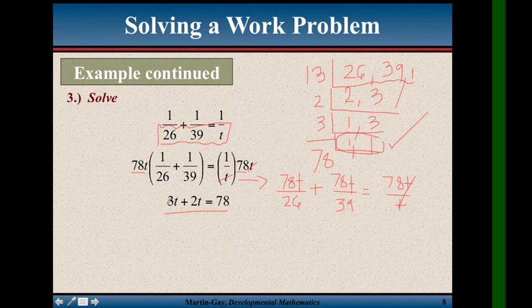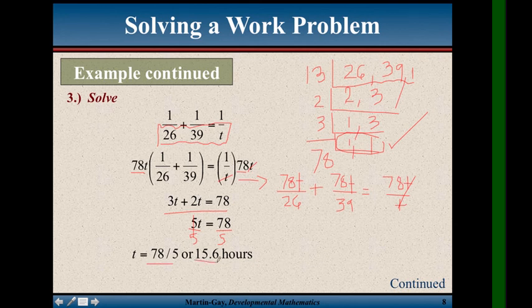And then, 3T plus 2T is 5T equals 78. And then, divide both sides. Okay? Divide 5T by 5 para ma-cancel natin. Cancel. Alright. So, we have 78 over 5, our answer, or in short, this is 15.6 hours.